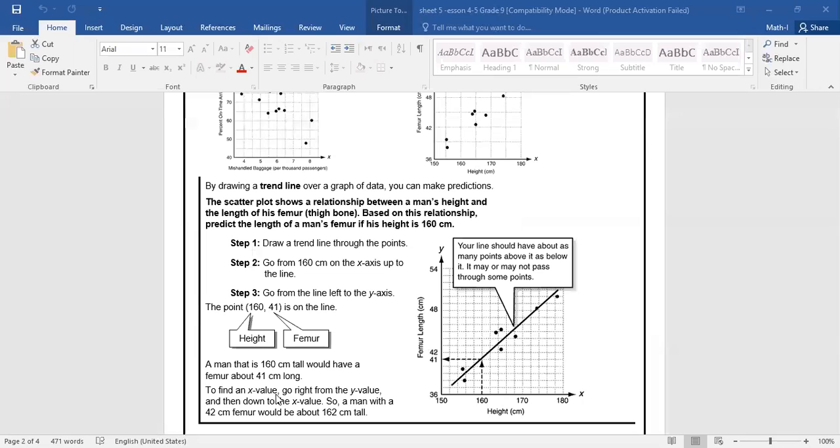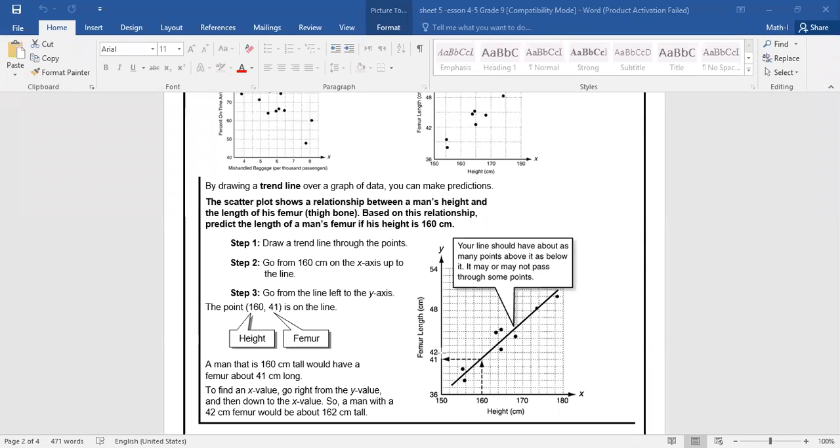To find the x value, go right from the y value, then go down. Then a man with a 42 centimeter femur: I will go up here, right, for 42, and draw the line to 42.